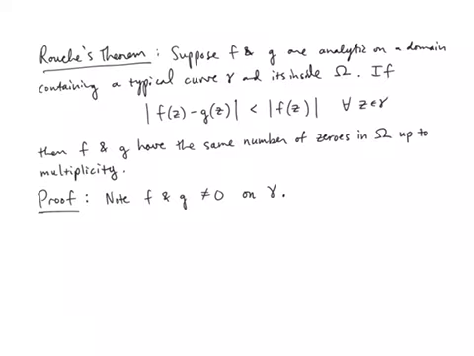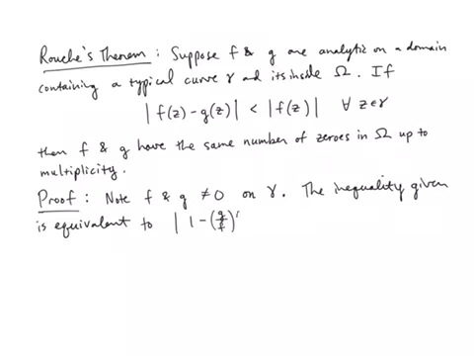And now what we're going to do is take this inequality and divide by f of z. So the inequality given is equivalent to the norm of 1 minus g over f of z is less than 1.